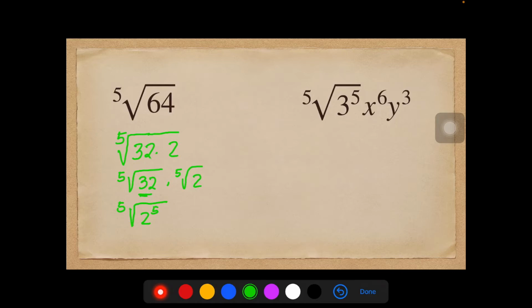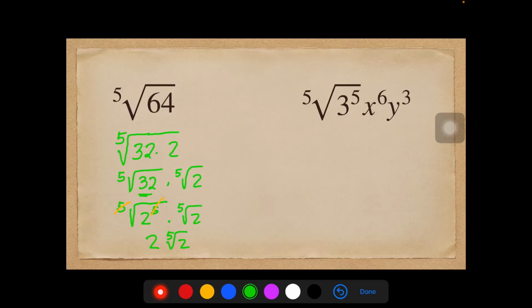That's already 2 multiplied by itself 5 times. And the other factor is retained as is. That's why this would cancel, so we have 2 times the fifth root of 2. That's how to write the answer.